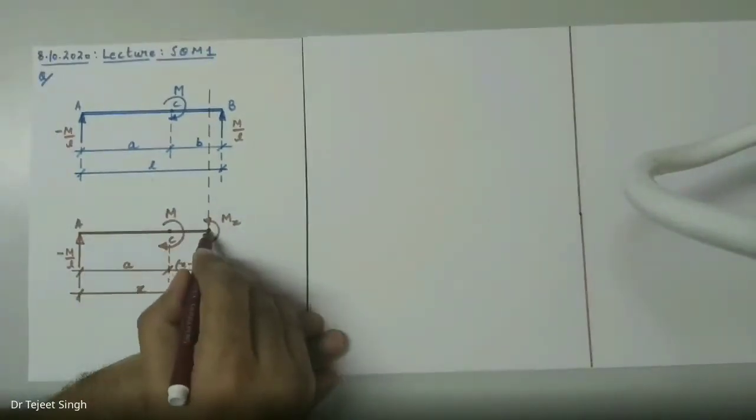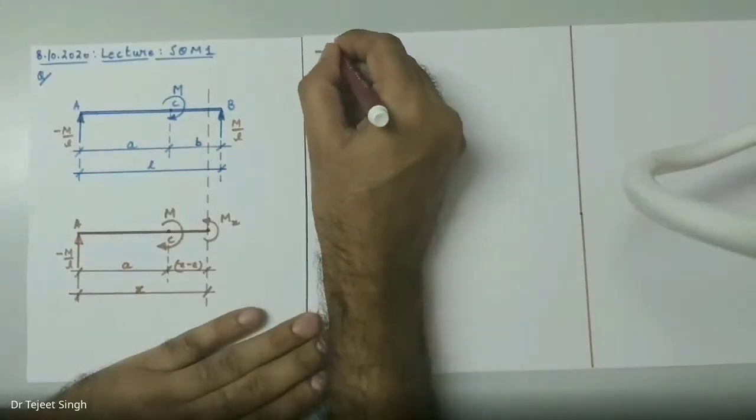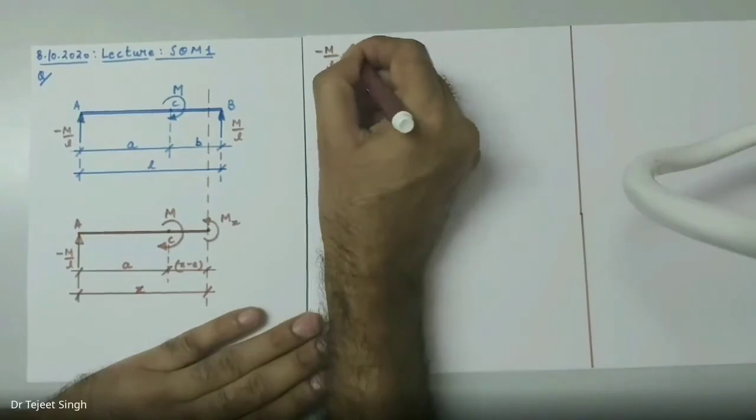So first is the moment of this, minus M by L, so this is minus M by L into X.